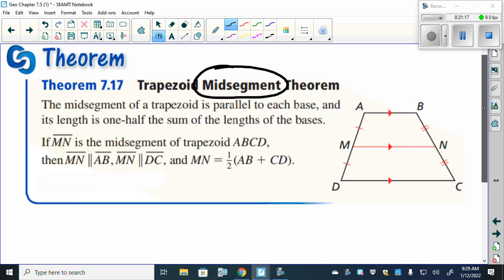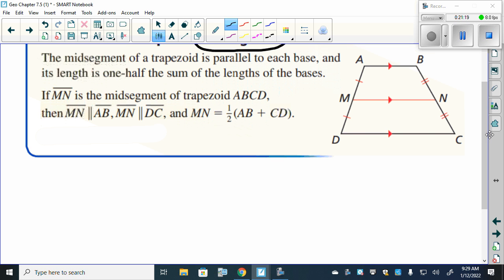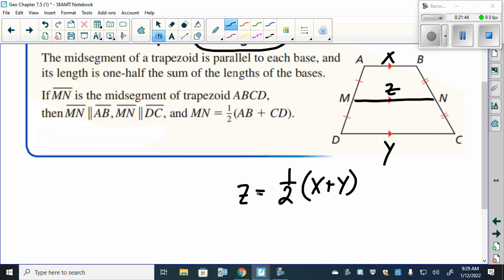Now, what's interesting with this is that the length of MN is half the length of the other two sides added together. So if we take the other two side lengths, we can call them X and Y, add those together, and multiply by 1/2, or essentially divide by 2, we'll actually get what the middle is.